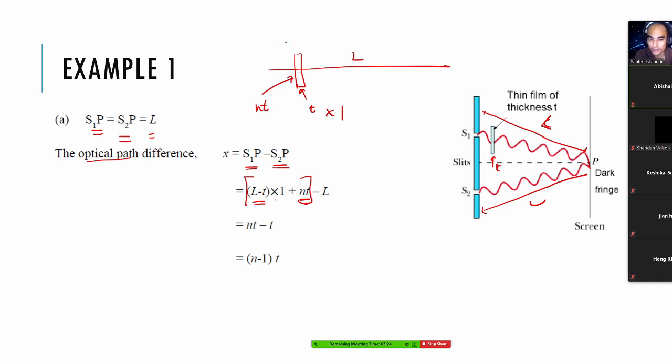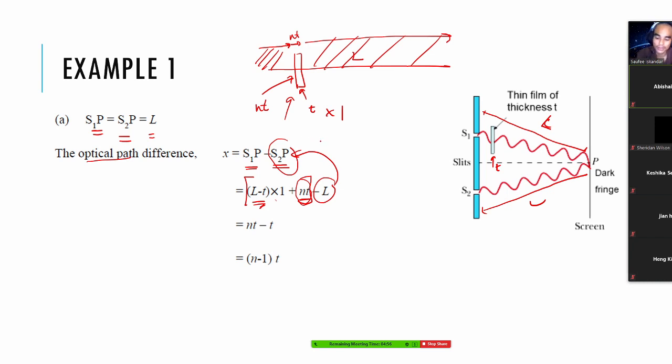So you see it goes outside, and then it goes inside with nt as the optical path, and then goes back outside. So that's why we have L minus t, and then we add nt inside, minus L from source number 2 to P. So nt minus t, and then you have n minus 1 times t. This is the optical path difference between source number 1 and source number 2: n minus 1 times t.